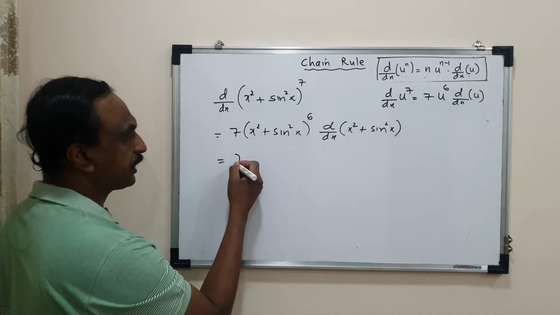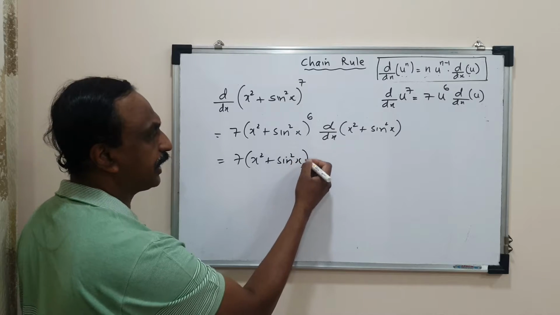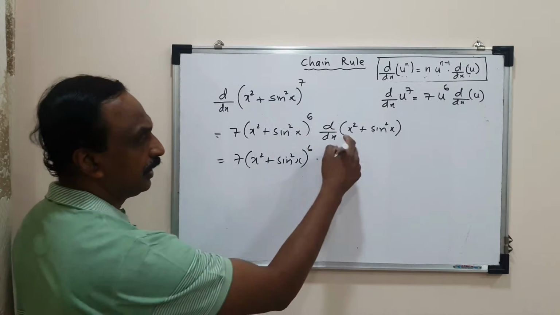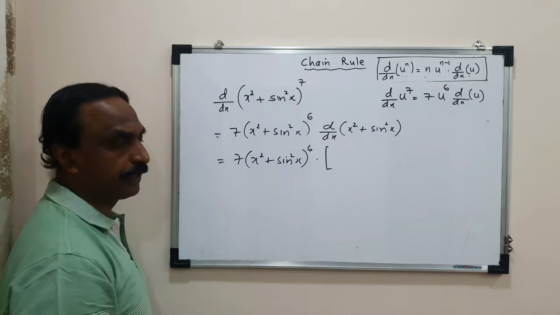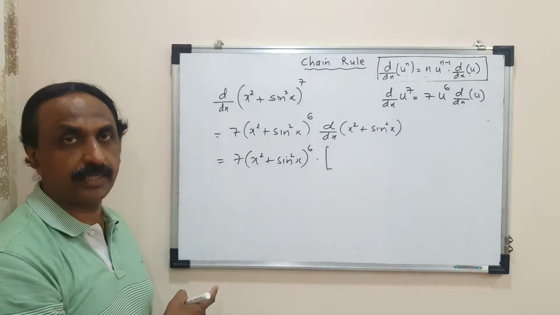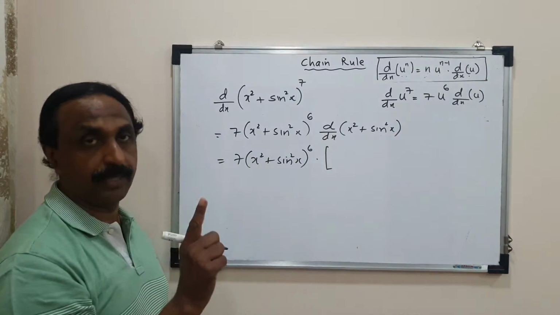Now this became 7 into (x square plus sin square x) raised to 6, into, now I am continuing with the bracket. Many of the times I've seen students forgetting the bracket and then not getting the answer. Remember, when you find the derivative, the bracket will remain.